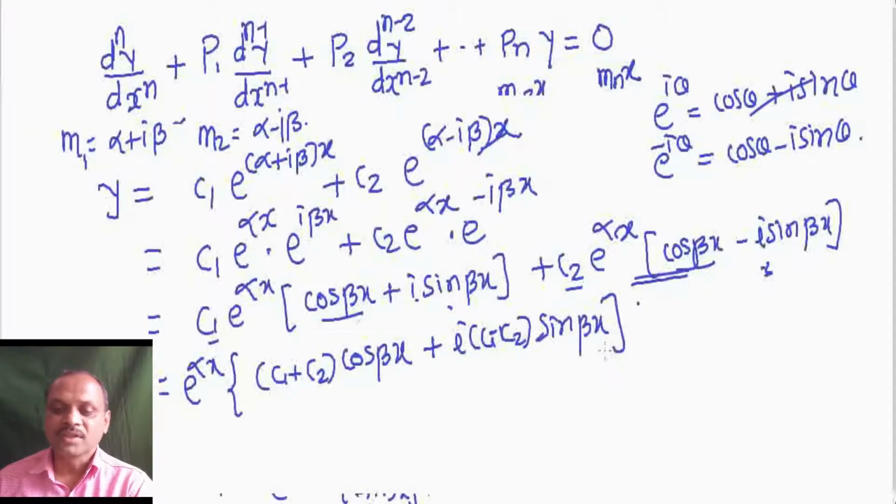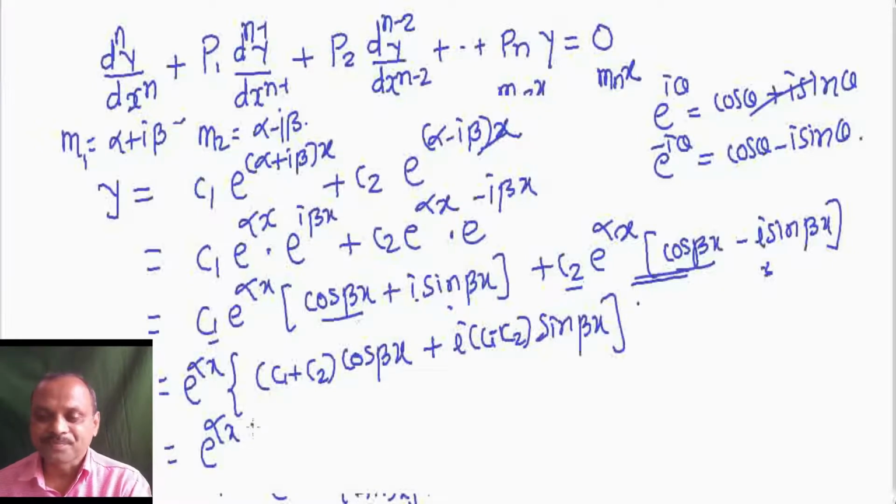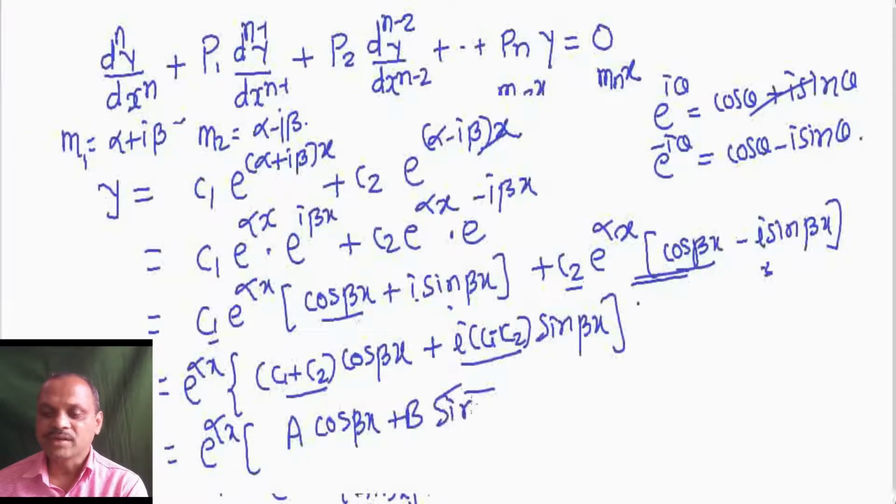So this is equal to e^(alpha x) into, for this c1 plus c2 we can write another constant. Instead of c1 plus c2 we write A, and this i (c1 - c2) we write as B. So A cos beta x plus B sine beta x. So this is the solution when the roots of the auxiliary equation are imaginary.